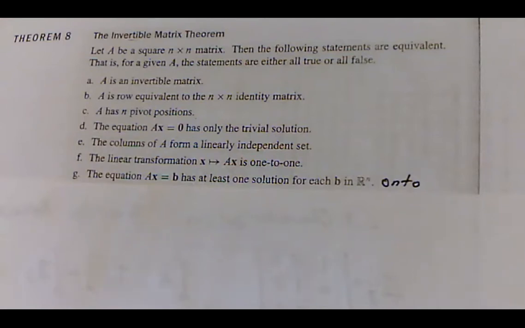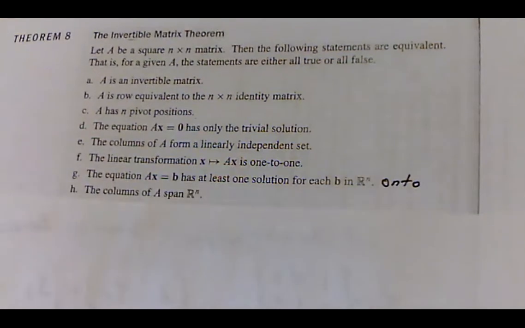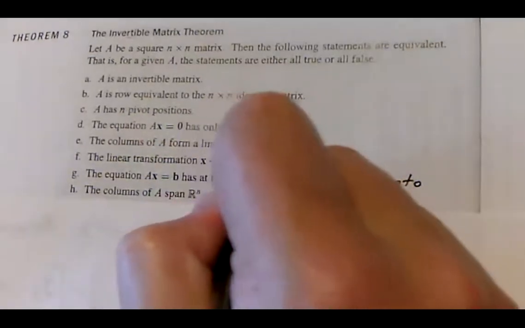Again, much of this is repetitive because what we're saying is sometimes one of these statements is much easier to prove than another. And so if you get one, you get all of them for free. Okay? If you're onto, you span all of Rn. So if I have independent vectors, I have span, I get that it's invertible. I get that it's n pivots. I get all of these things together. This basically means the same thing as onto as well.